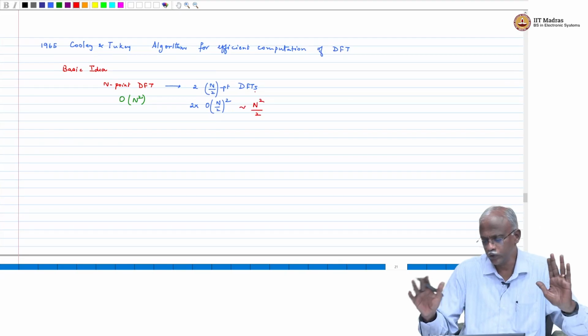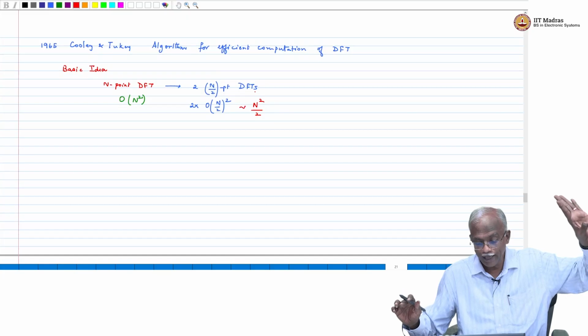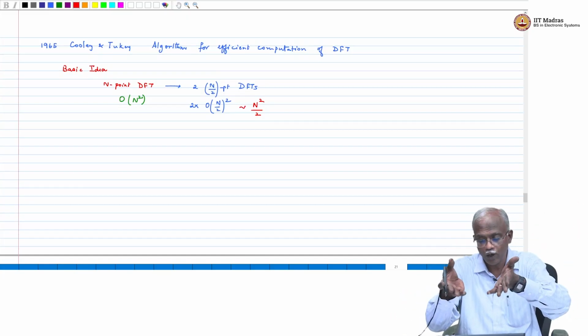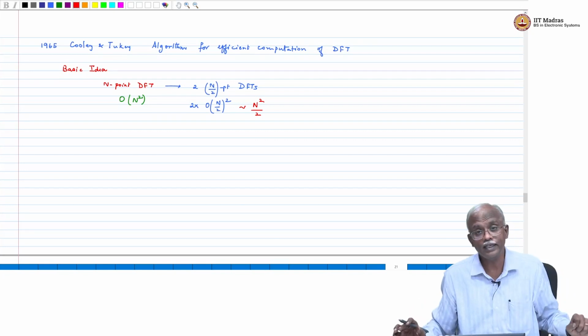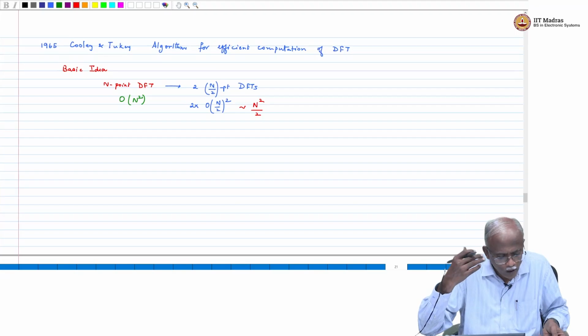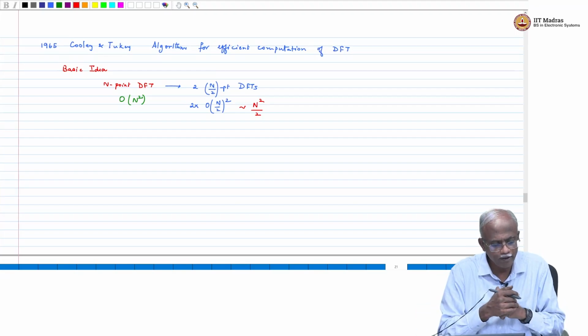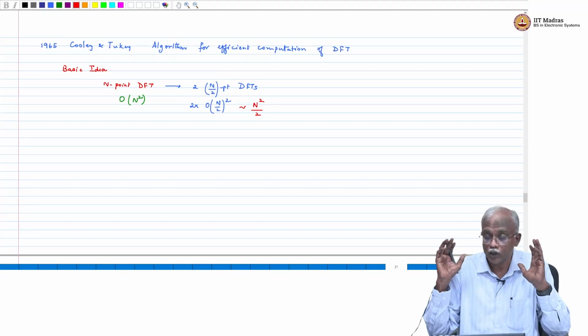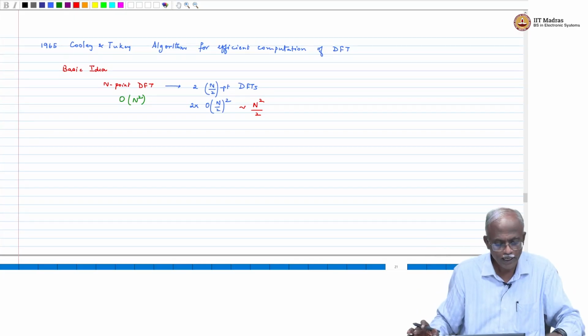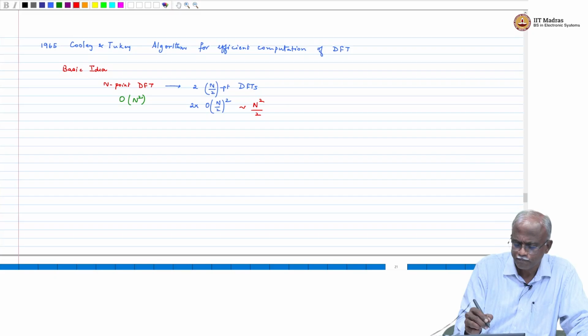Again, very, very loose terminology. So from n squared, you expect to reduce the complexity to the order of n squared by 2. Actually, it is along these lines that we are developing, and we will show that it can produce a very significant reduction in complexity.